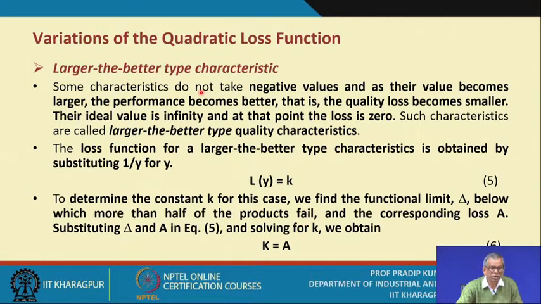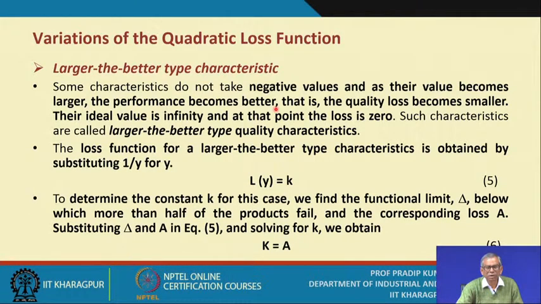In the third case, when you refer to larger the better type characteristics, some characteristics do not take negative values, and as their value becomes larger, the performance becomes better. Is it okay? Like the tensile strength of a component. You specify the minimum value, say 3000 kg.